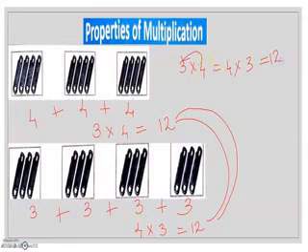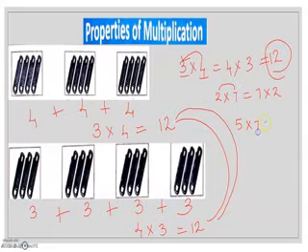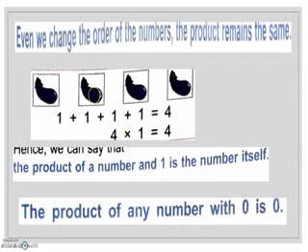So even if we change the position of numbers, the product will be the same. Similarly, 2 into 7 is equal to 7 into 2. Both will be the same. And 5 into 7 is equal to 7 into 5. So our first property of multiplication is, even if we change the order of numbers, the product remains the same.